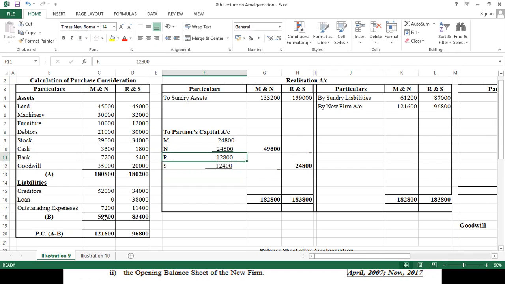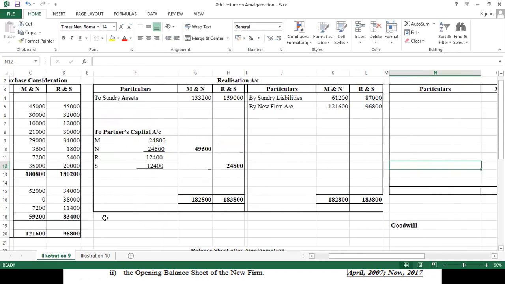So 400 will come up. Okay, so the realization account is clear.